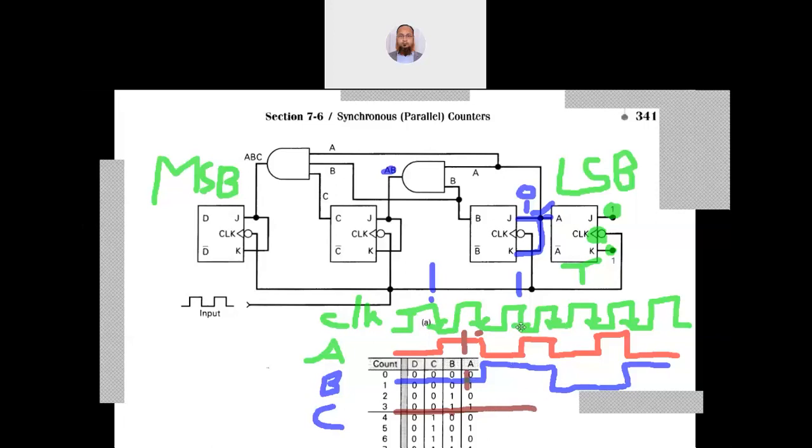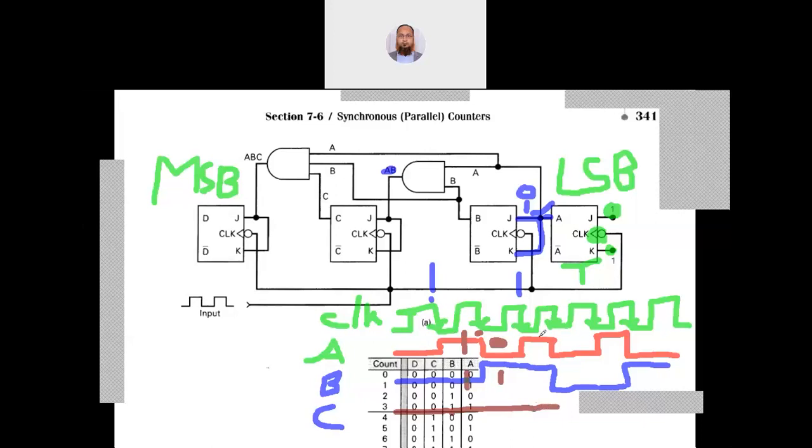So it will remain 0. Again at this third clock, you can see that A is 0, B is 1. In that case, A into B will be 0, so here also it will remain 0.